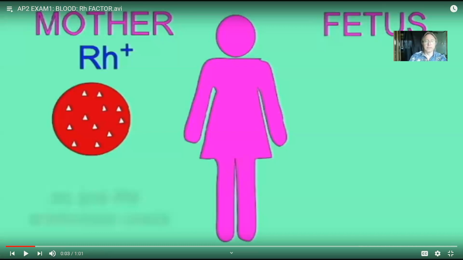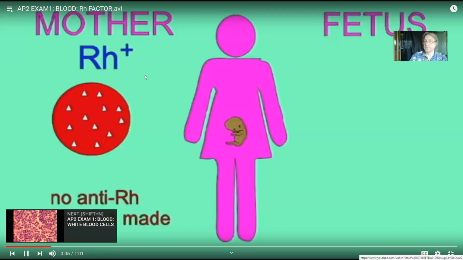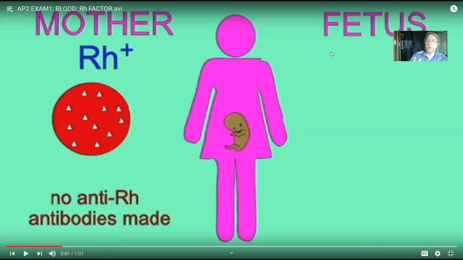So now let's consider 2 scenarios. Let's say a mother is Rh positive, but her fetus is Rh negative. No one cares. The reason they don't care is because if you are Rh positive, like this woman is, you don't make antibodies against the Rh factor. So this mother's immune system doesn't care.